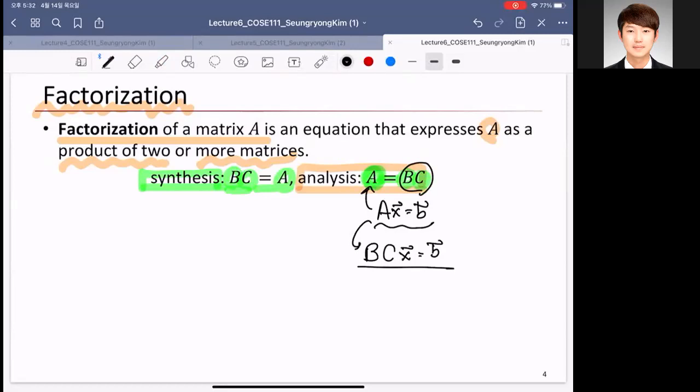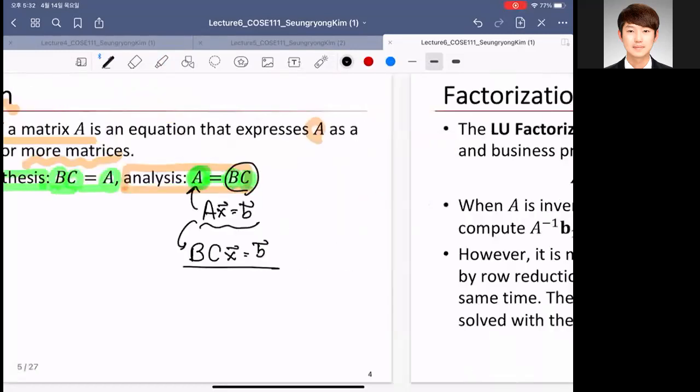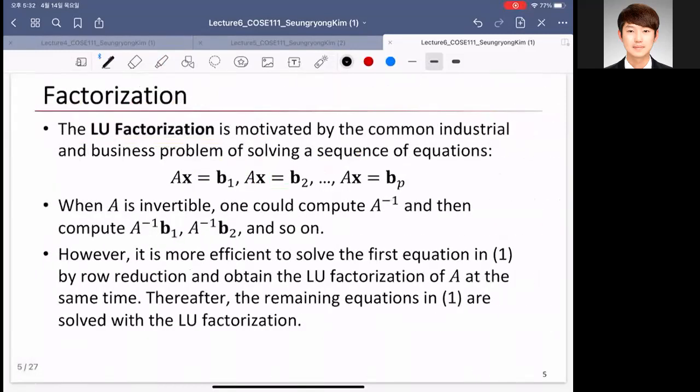That's the reason you have to know factorization. More specifically, we will talk about LU factorization here, but in the remaining semester we will see many other factorization techniques. Today we will start with just LU factorization.